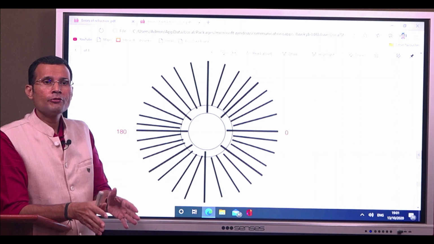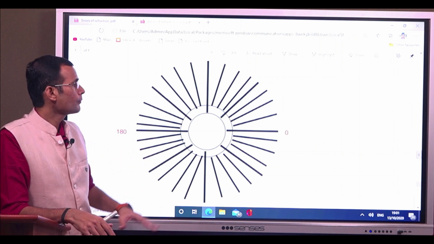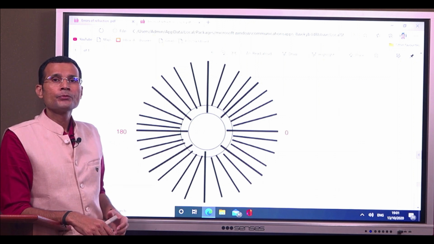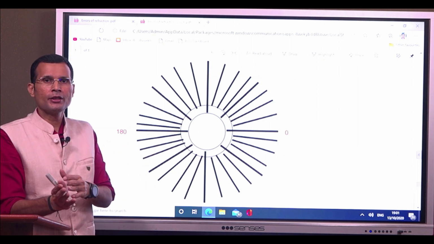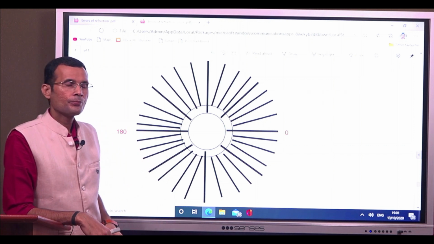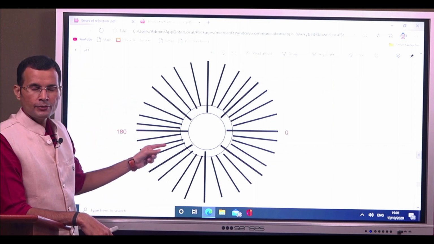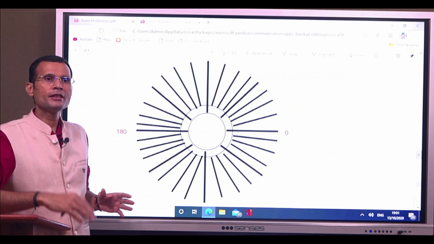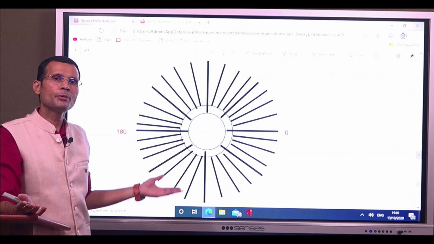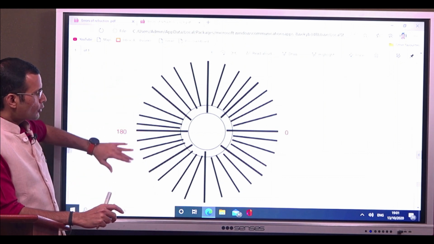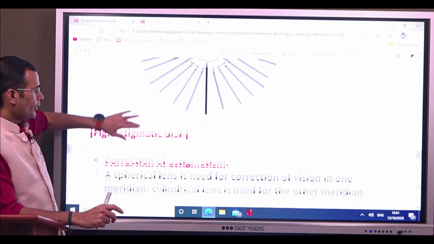If the curvature of the cornea is normal, all those lines in this astigmatic dial will be seen with equal distinctiveness. If it's an astigmatism, then some of the lines will be seen more distinctly, other lines will be less distinct. So, that will be a diagnostic feature of astigmatism.